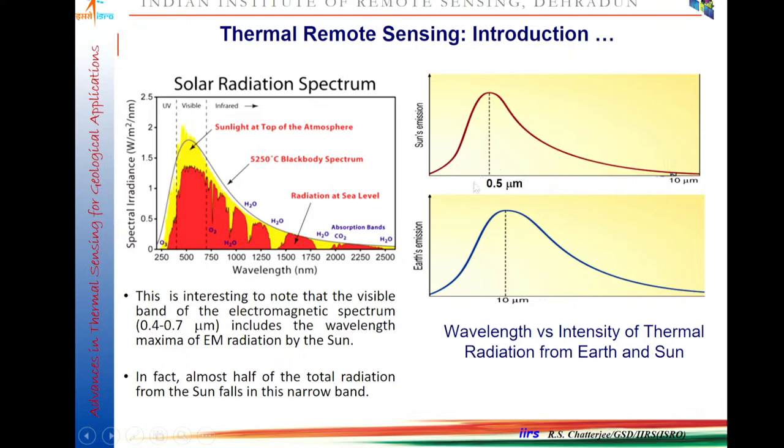This is the spectral band in and around 0.5 micrometer, isn't it? Because that is the maximum radiation peak. In fact, the solar spectrum from 0.4 to 0.7, that is the visible region, includes almost half of the spectral radiation from the sun. Whereas in case of Earth, the maximum radiation happens in and around 10 micrometer.